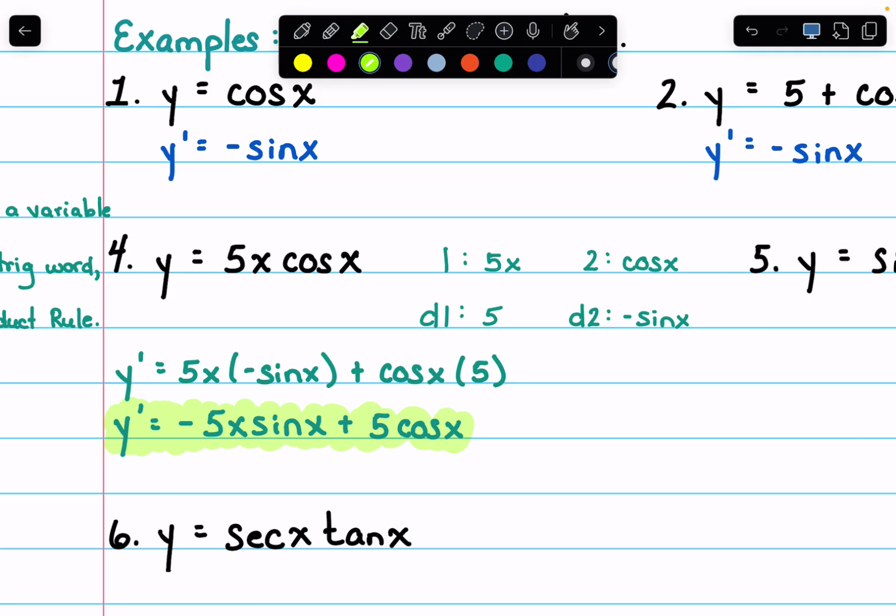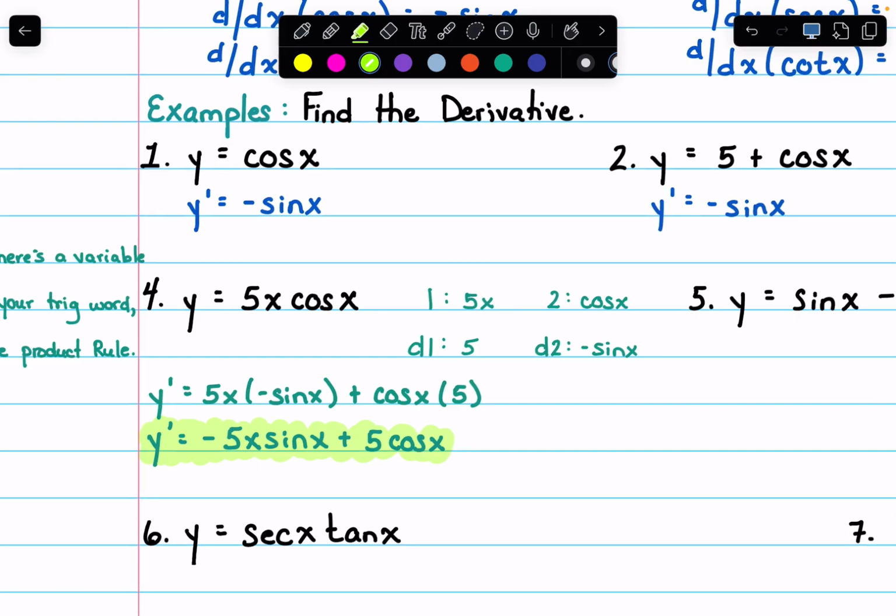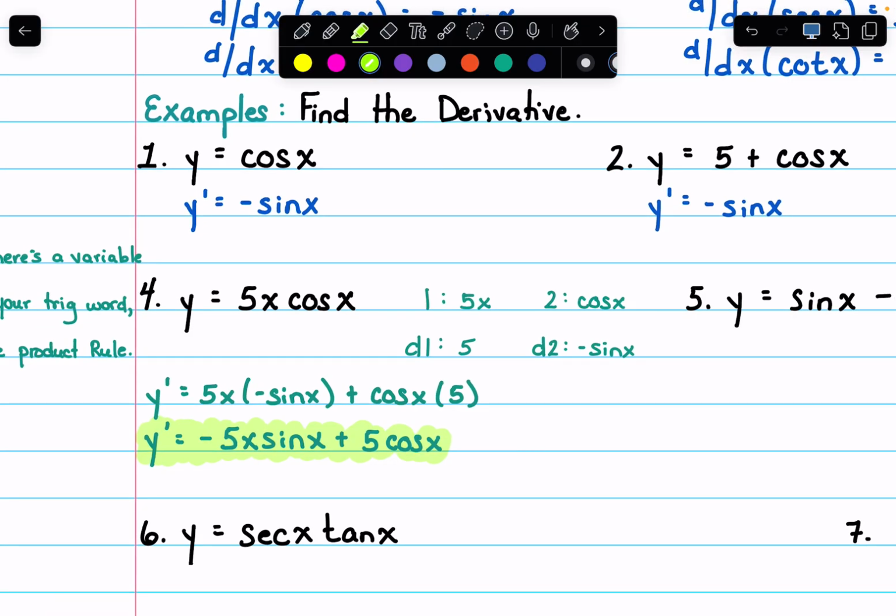Everybody okay with that? So you can have a variable in your derivative, but not in the first one? Say it one more time. So like you're starting with 5x cosine x, but it's perfectly okay to have 5x sine x as your derivative?